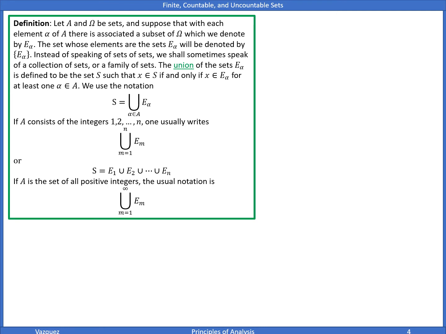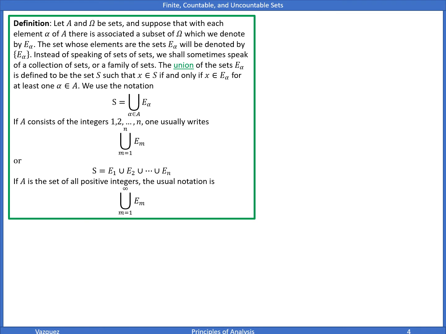Instead of speaking of sets, we'll sometimes speak of a collection of sets or a family of sets. The union of these sets E sub alpha is defined to be the set S such that x is in S if and only if x is in E sub alpha for at least one alpha in A.